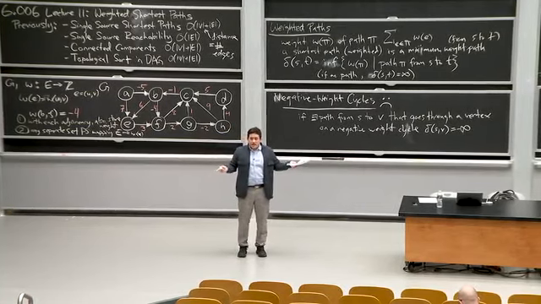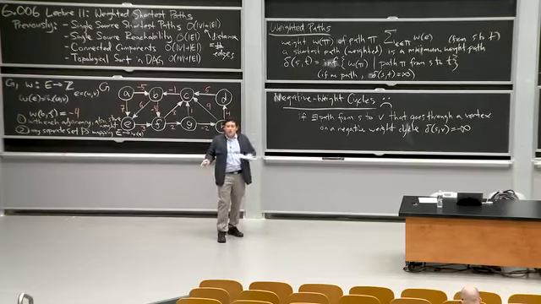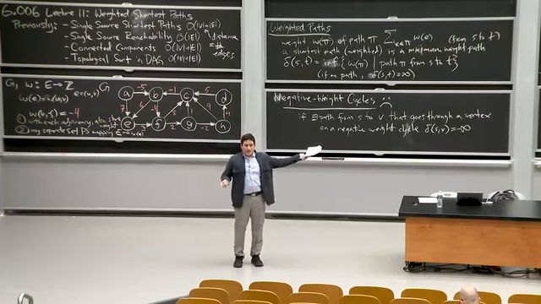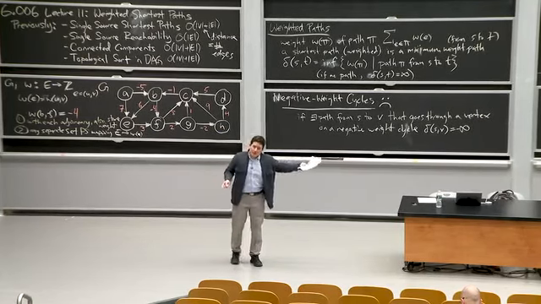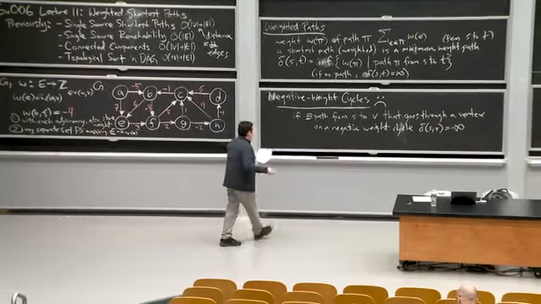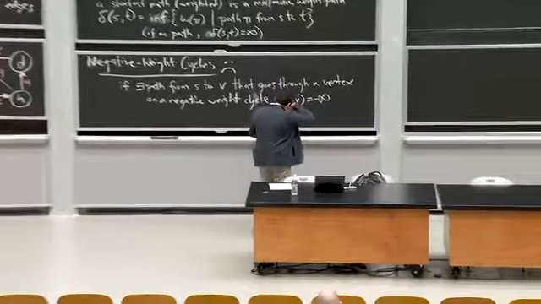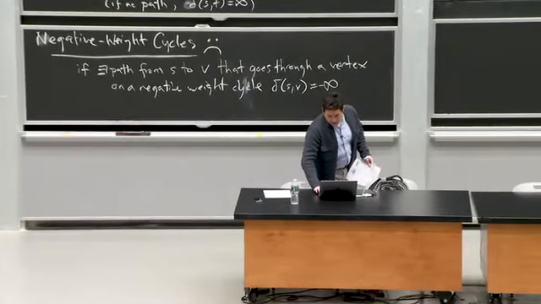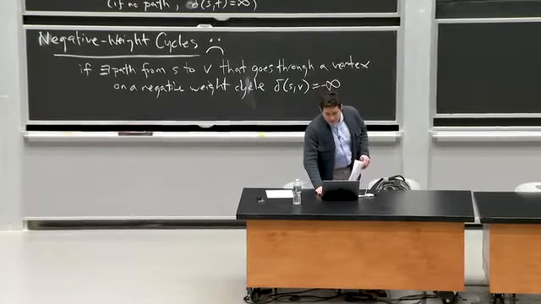If you told me that this thing has bad weight, maybe I want you to tell me what a path is that goes through a negative weight cycle to get back to S, right? So that's what we're going to talk about next lecture. This lecture, we are not going to talk about that. We are going to talk about weighted shortest paths, though. That's what the remainder of this unit on graphs is really about, is weighted shortest paths.